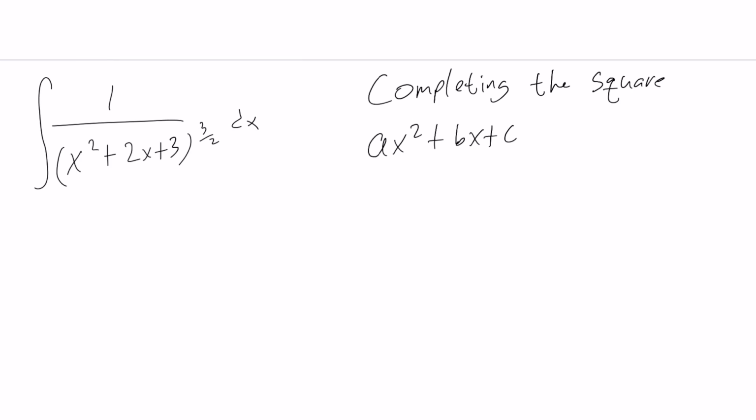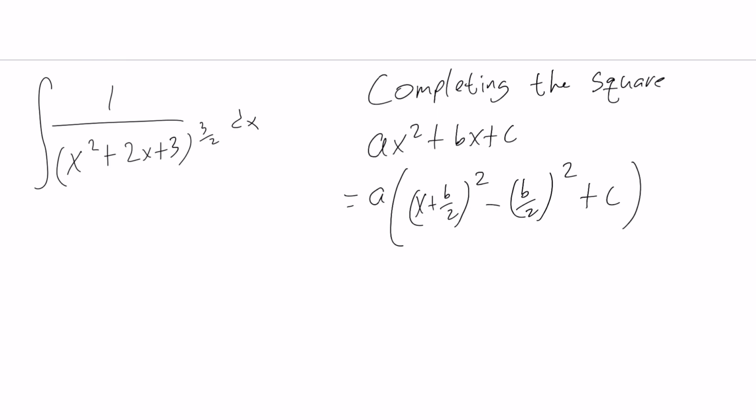But completing the square says if I have just some general quadratic thing, this is the same as a times x plus b over 2 quantity squared minus b over 2 quantity squared plus c. I suppose this should be b over 2a, and this should be c over a.